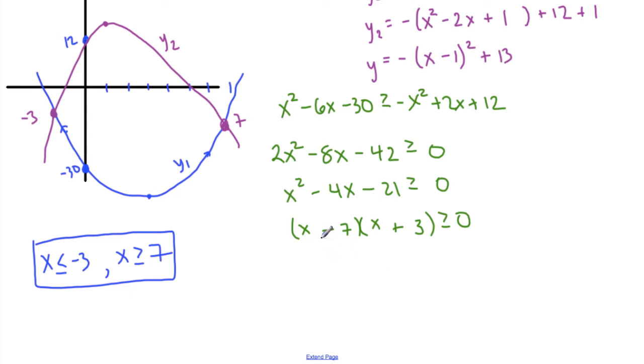You want to know when this function is greater than or equal to 0. So what I like to do is come over here and draw a little axis. This is 7. This ends up being minus 3. And you know that this graph, which represents the intercepts of these two graphs, is positive, it goes up.